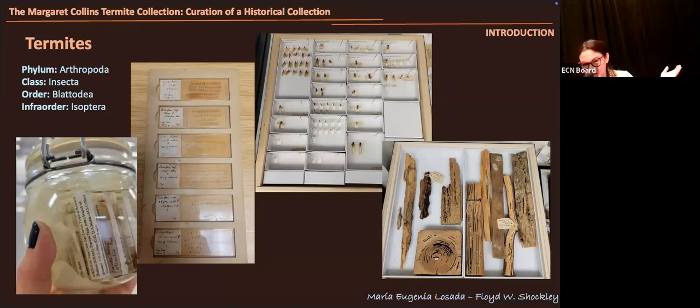We have a part in ethanol, the wet collection, then the slides collection, the pinned specimen collection or dry ones, and we had fossils too and nests. Also, all the collection wasn't in the same place. It was kept in different places.